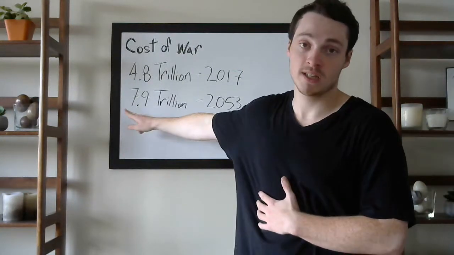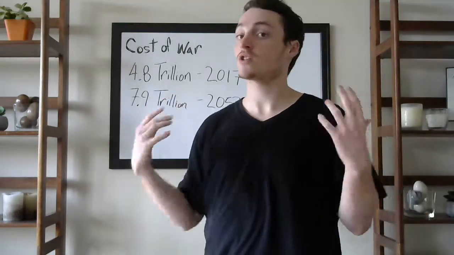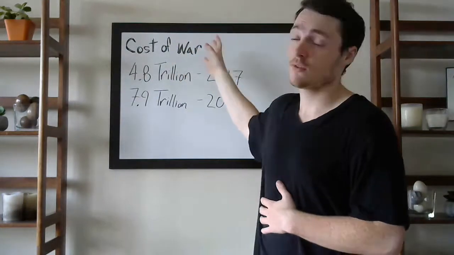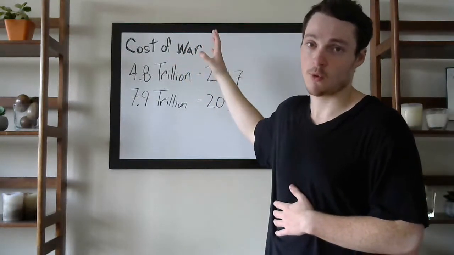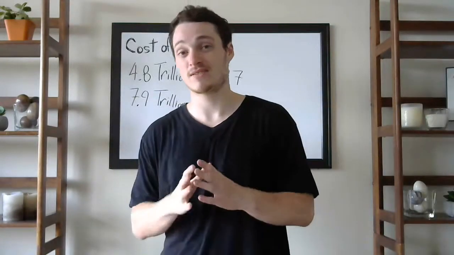By 2053, these wars are going to cost almost $8 trillion. That's a lot of money that they've spent on these wars. There are lots of resources out there if you want to get a more in-depth breakdown of these costs, but really the key point here is that they've spent a tremendous amount of money on these wars.